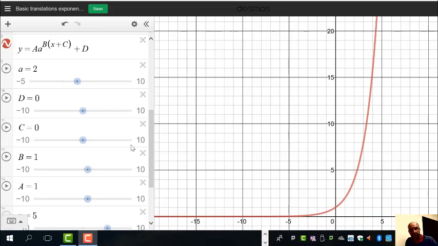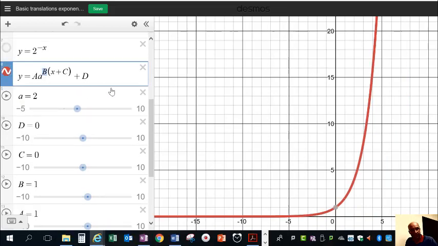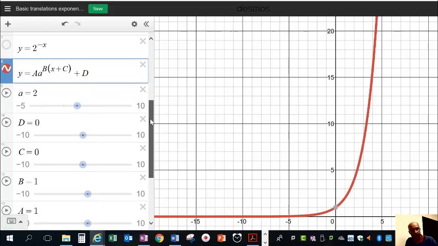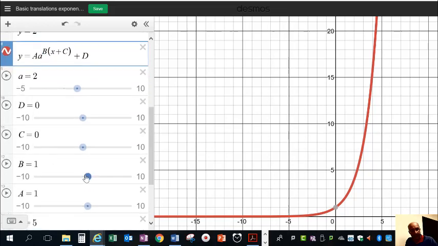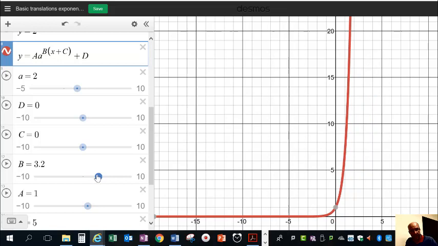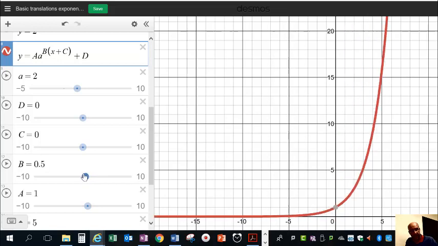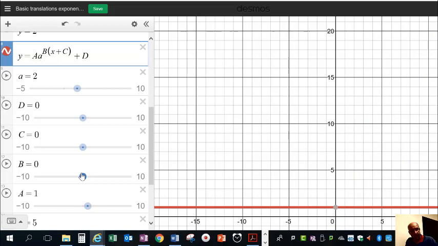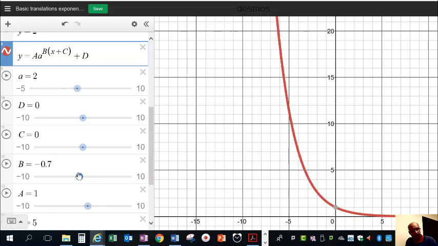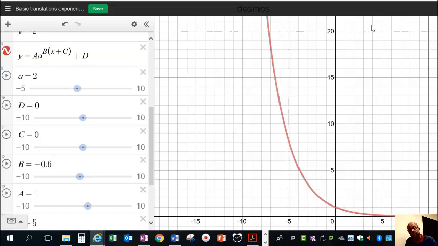But now for the two transformations that do change the shape, starting with b. So b does change the shape. It dilates it. Like I said in the previous video, if we have a fractional index, it's the same as having a negative value for b.